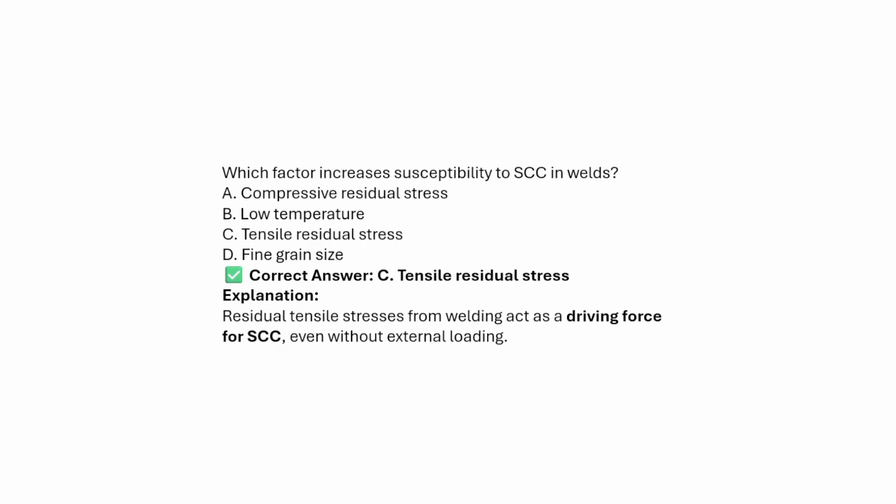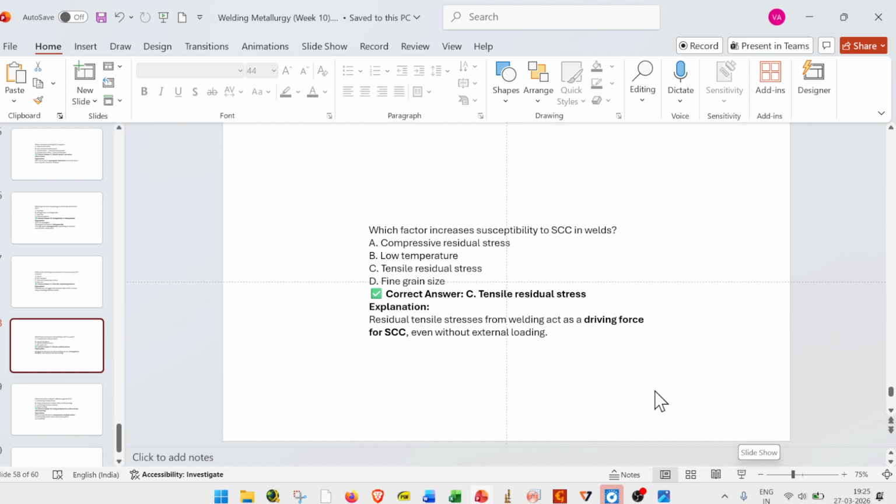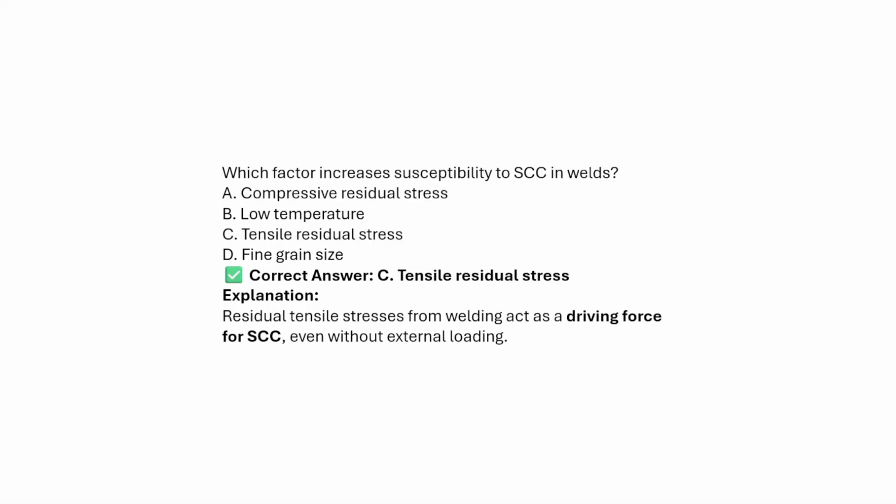Which factor increases the susceptibility of stress corrosion cracking in welds? Option A, compressive residual stresses. Option B, low temperature. Option C, tensile residual stresses. Option D, fine grain size.